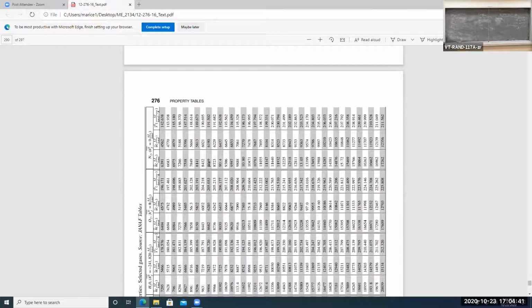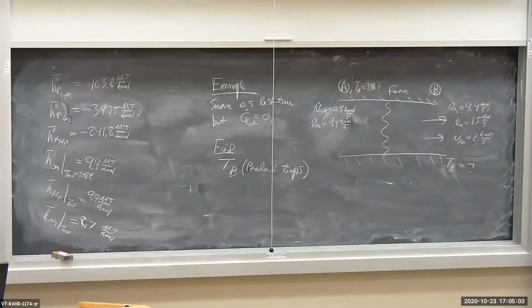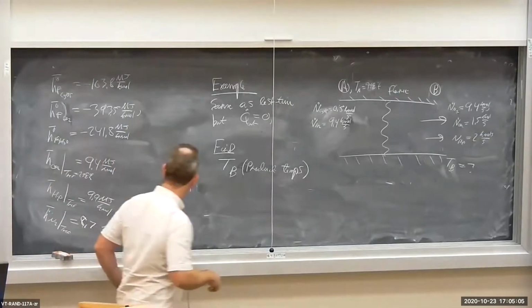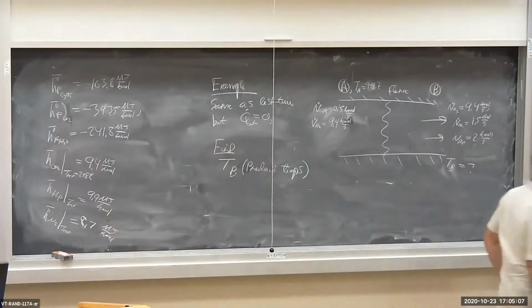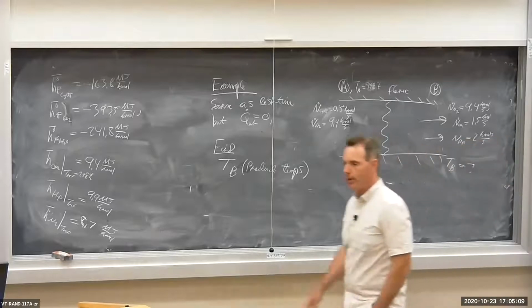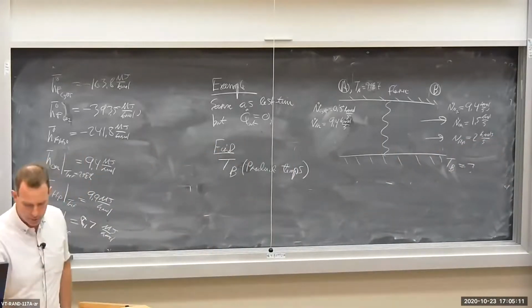And nitrogen, 8.6 kilojoules per kilomole. I guess I have 8.67. I'll round that up to 8.7. Let's just do that. 8.7 megajoules per kilomole. Okay, so now I have the enthalpies at the reference values.